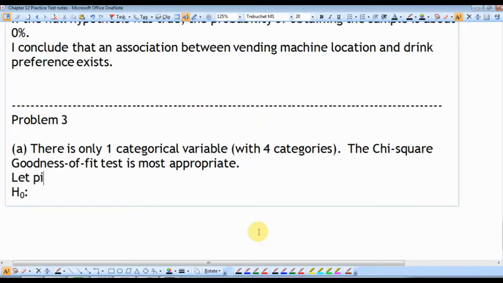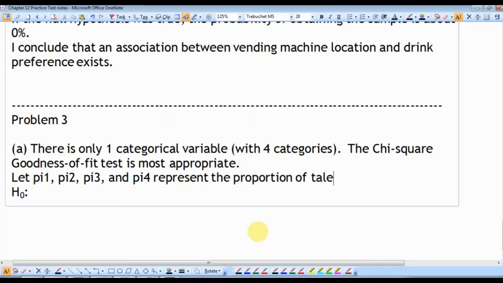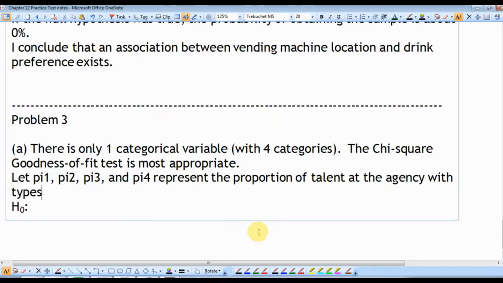Let pi 1, pi 2, pi 3, and pi 4 represent the proportion of talent at the agency with types O, A, B, and AB respectively.